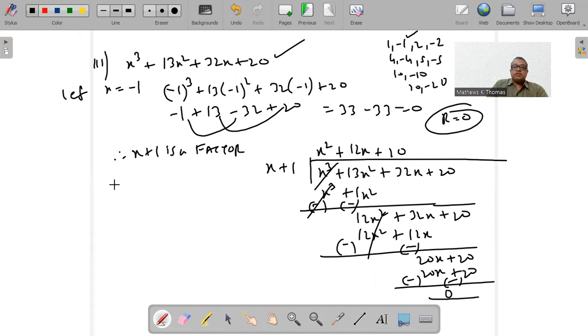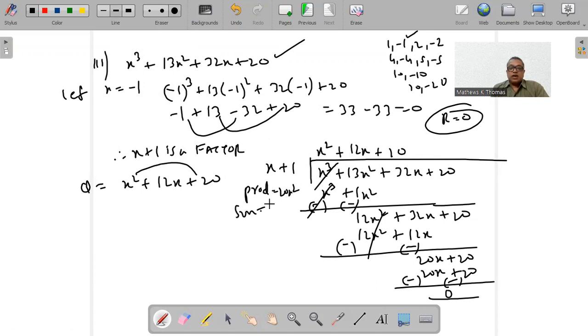Okay, so here remainder is 0. So quotient is x square plus 12x plus 20. What did I tell you? If your remainder is 0, that means your division is correct. Now I'm going to split this. When I multiply, I have to get the product as 20x square, and when I add, I should get 12x.